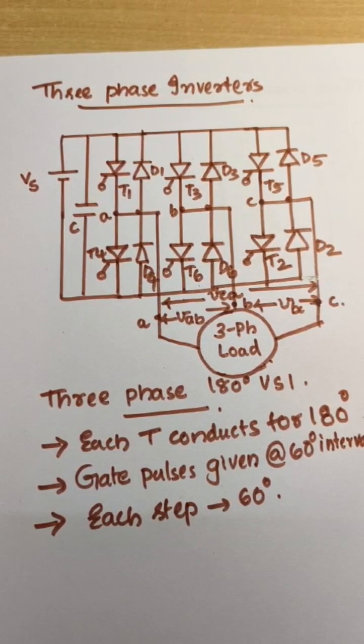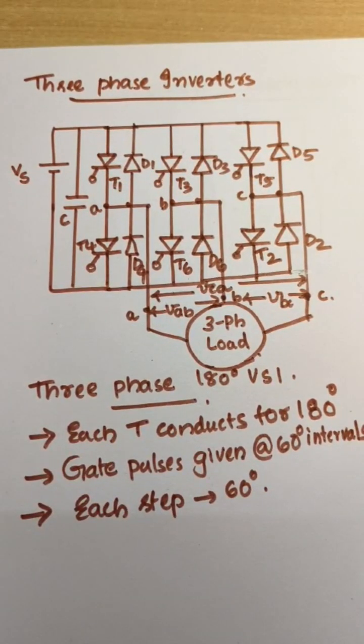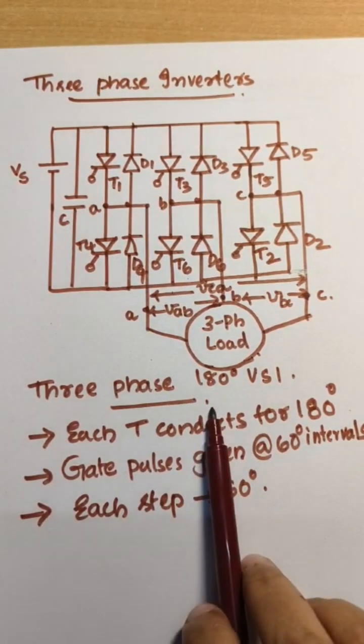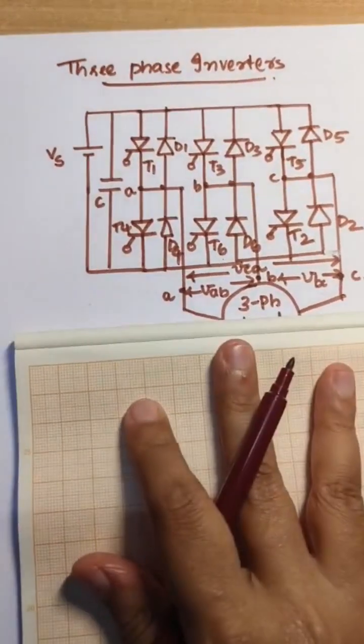Total 6 steps will be there. So a full cycle is equal to 360 degree. Now we can draw the switching pattern of the 3-phase inverter with 180 degree conduction mode, indicating it in a graph paper.